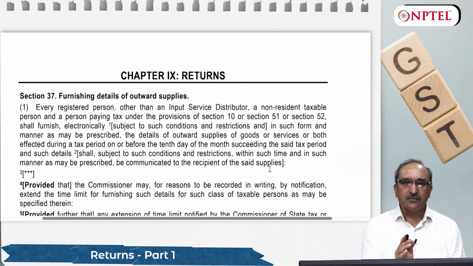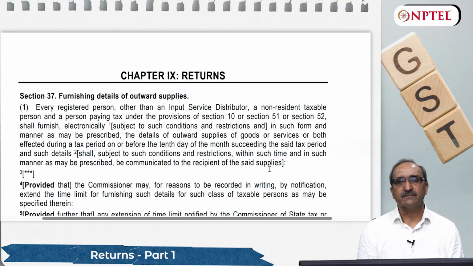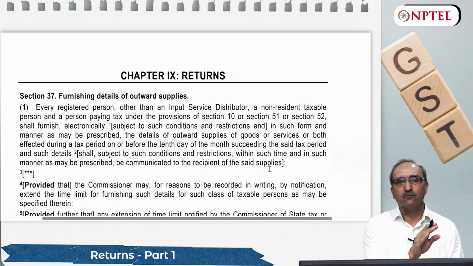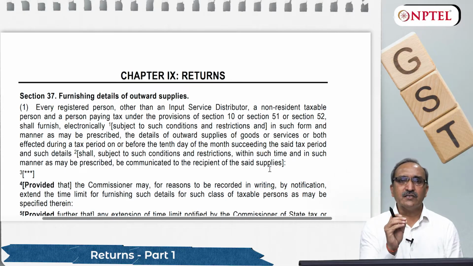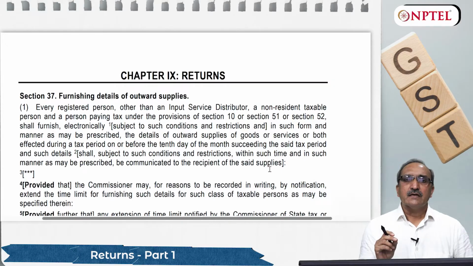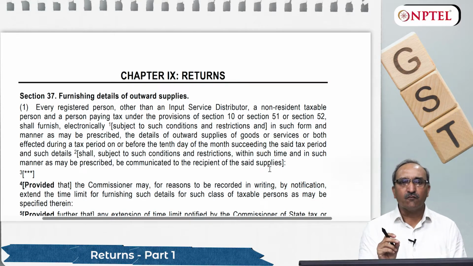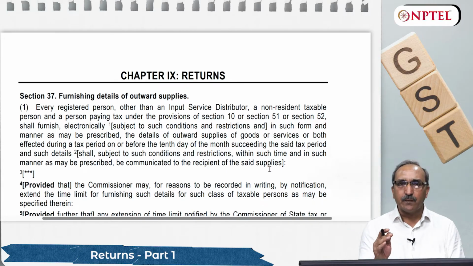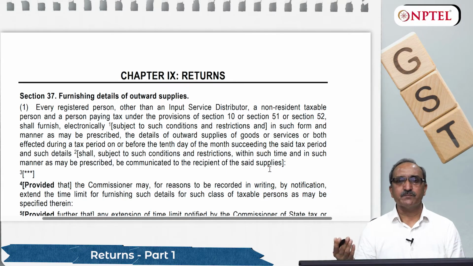So when you file this return, the Section 37 subsection 1 return, before the 11th of the next month, it will be electronically uploaded by you to the GST portal, and when you submit this return to the GST portal, the details of goods and services along with invoice number, invoice date, quantity, rate of tax, amount, etc. will be communicated through the GST portal to the recipient also.